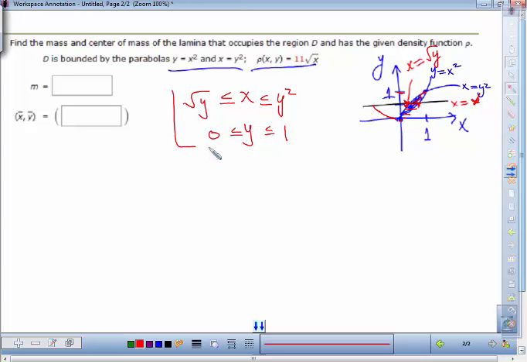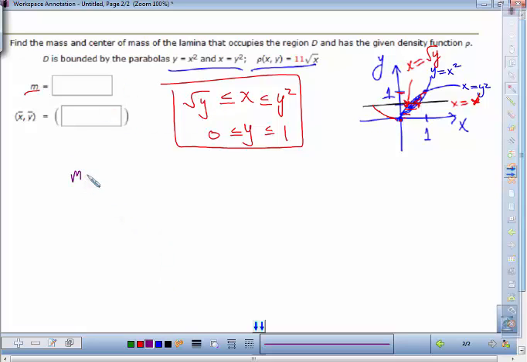So this is going to be your limits, and this is going to do one integral to find your mass, and you'll get a value for your mass, and then a couple more integrals to find the moments with respect to x and y, and then divide it by the mass to get your center of mass. So let's find the mass.